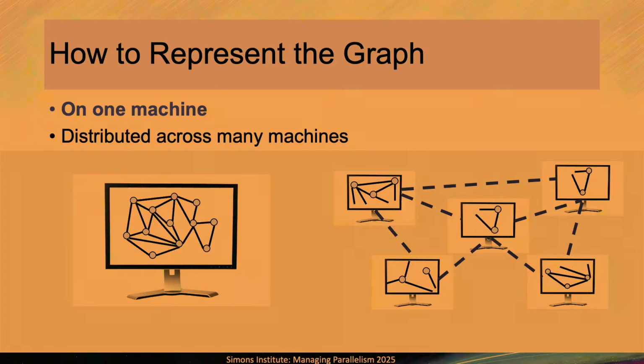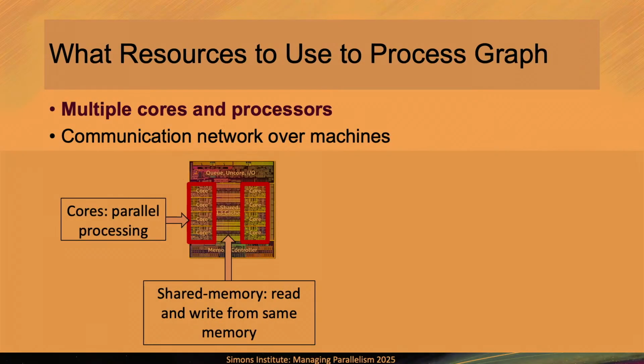Okay, just to give a bit of detail on each of these variants of dynamic graphs: as I mentioned, you can either have one machine or multiple machines. For this presentation, I'll focus on one machine, so I'll be focusing on shared memory parallelism. In shared memory parallelism, you have multiple cores and processors which operate on a single shared memory.